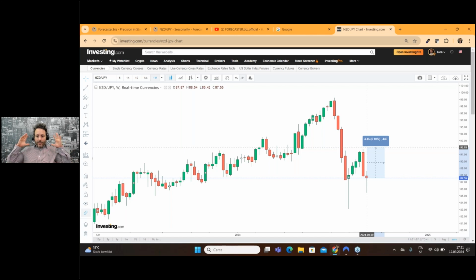So the most intelligent thing to do is to put our target on this maximum level here, which is, as we can find here, just a little bit less, 20 pips less than the 92. Easy. If we have an important support or an important resistance which is close to our target, the support or the resistance is the place where we have to put our target. What about the stop? Guys, very simple.